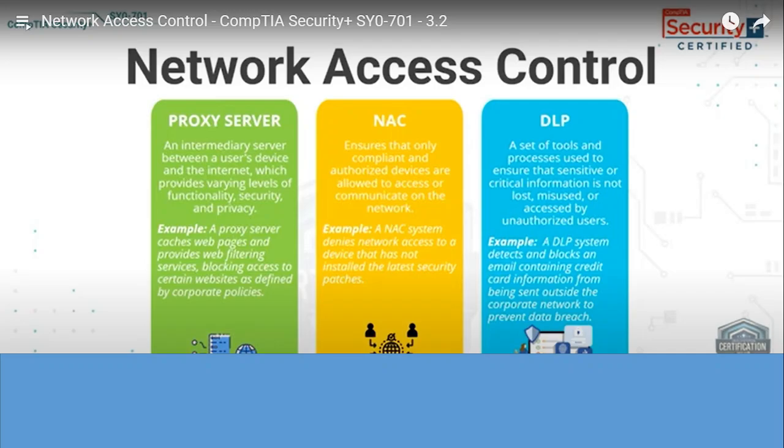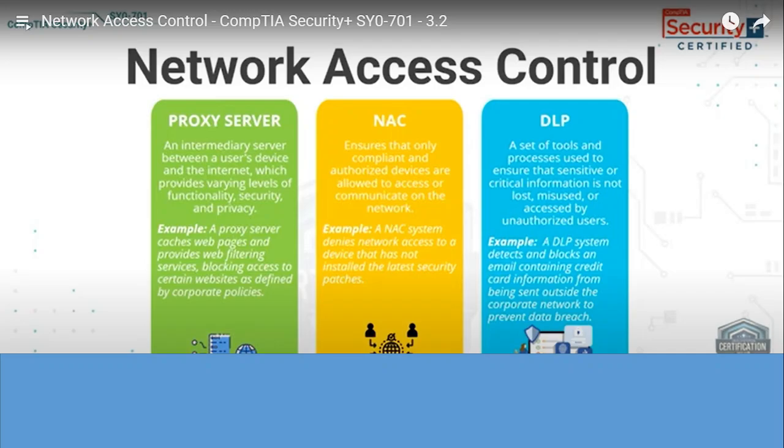A network access control system provides restriction to unauthorized users if you are creating any policy under it. For example, a network access control system can deny network access to a device that has not installed the latest security patches. This is network access control.